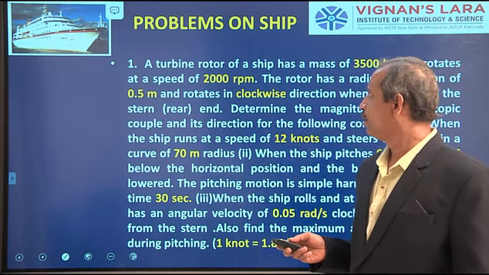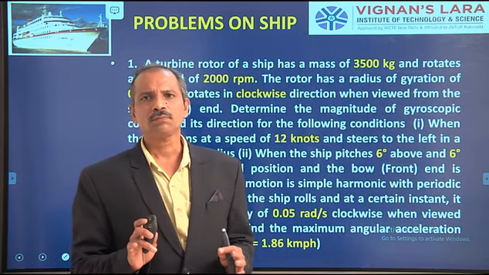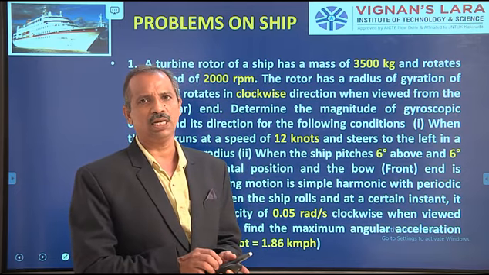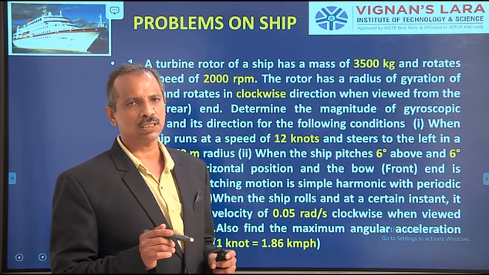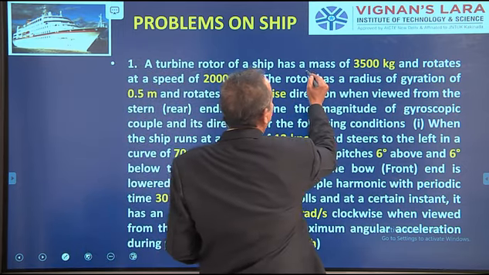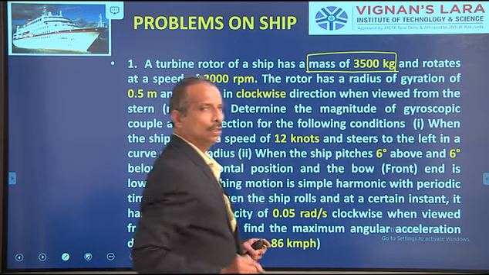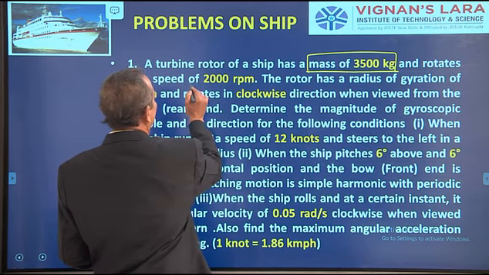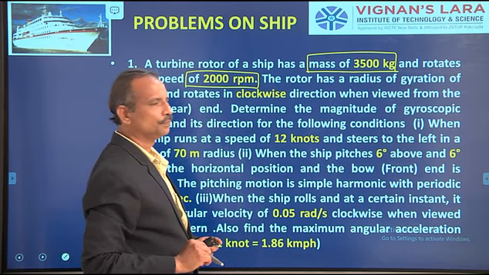So the first requirement for you is to identify the data. How to identify the data? What is the data required for me? That I will list out separately. Let us see. The ship mass, this is one data. I require 3500 kg, and the rotor rotates at a speed of 2000 rpm.